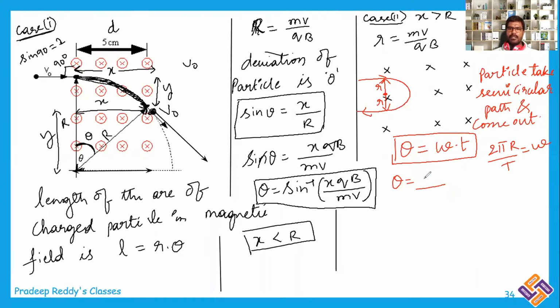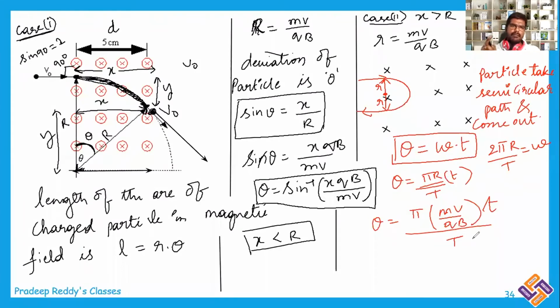So theta will be equal to pi into t divided by capital T, where r is mv divided by qB and capital T is the time period of that particular revolution.